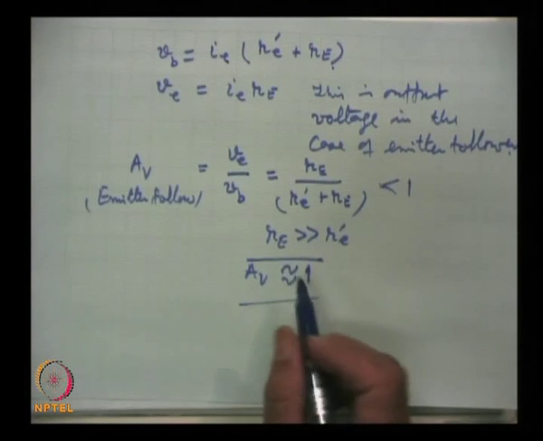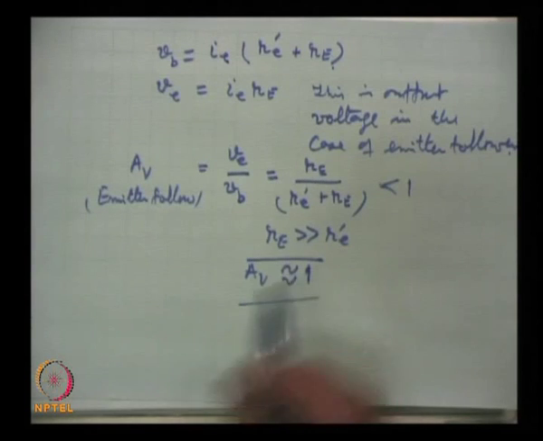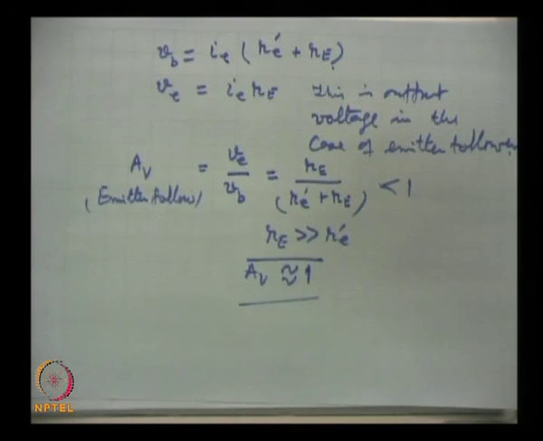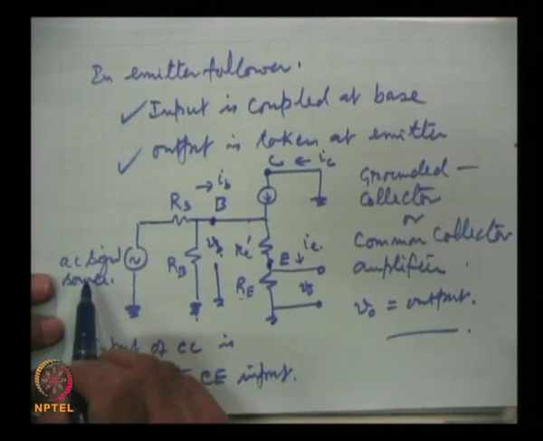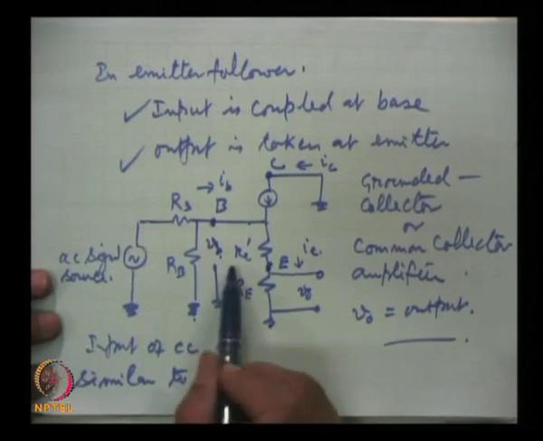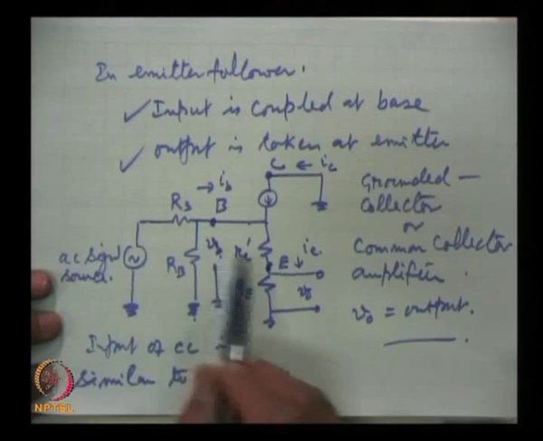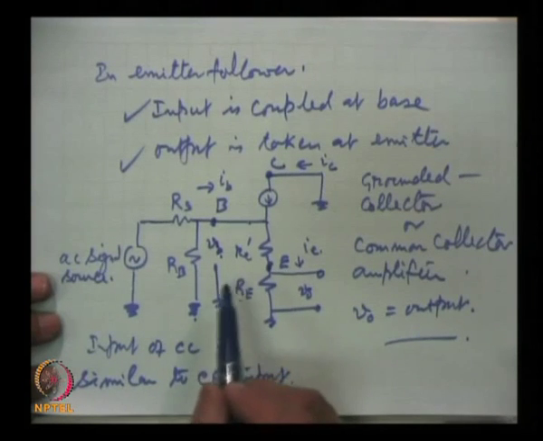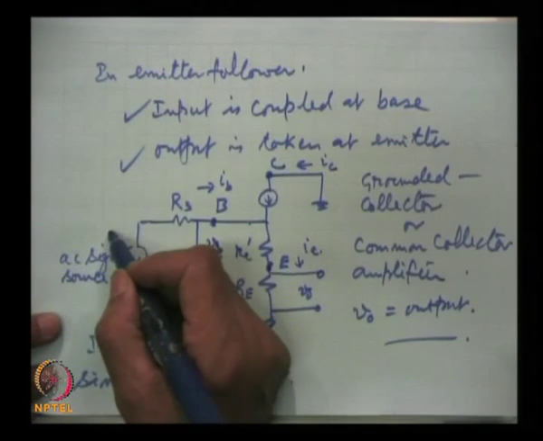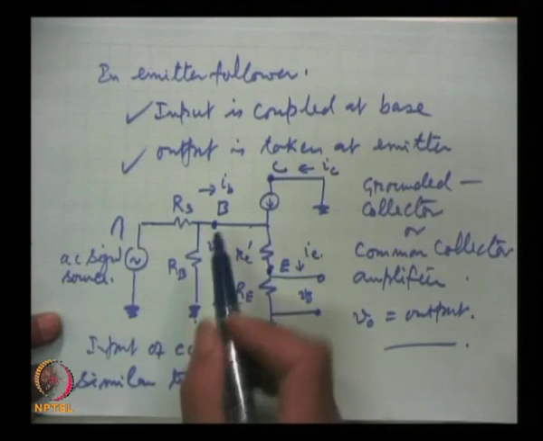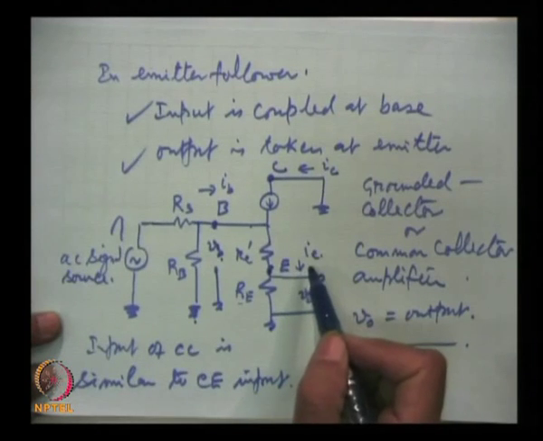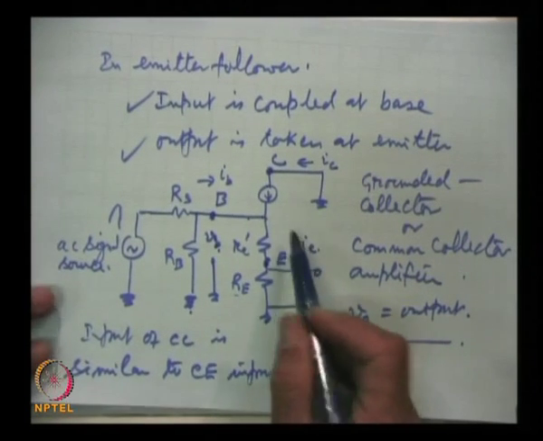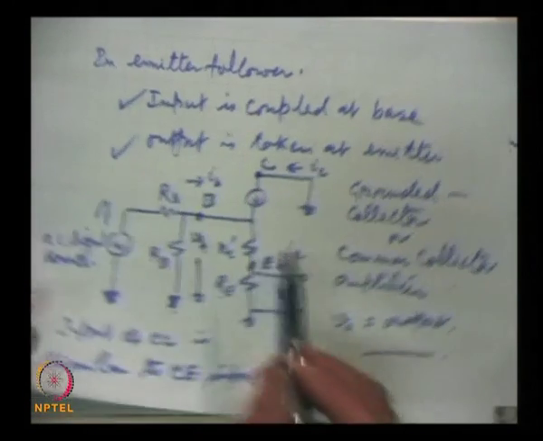And here let us look at the phases. There was a phase reversal in common emitter. In this case there is no phase reversal. When this signal goes up in the positive direction, this will enhance I B. If I B increases, then I E will also increase, and so they are in phase.